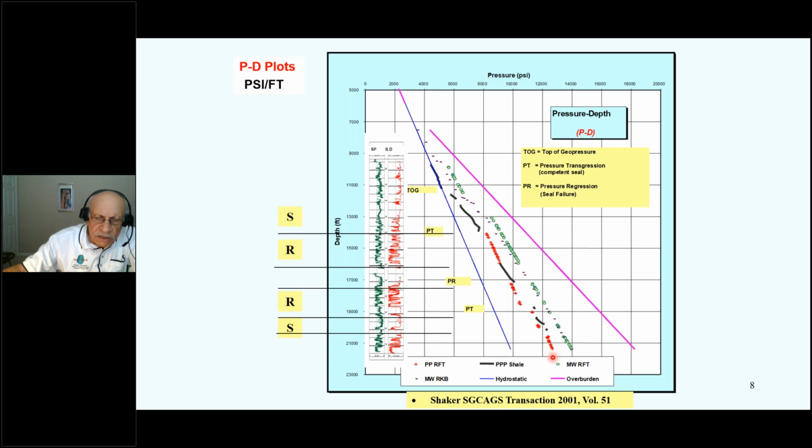The pore pressure has to be, or should be, divided into two parts. This is the part in the shale, and this is the part in the sand. The sand is measured, and the shale is predicted, and you see the compartmentalization. You see sand, shale, you see different compartments.